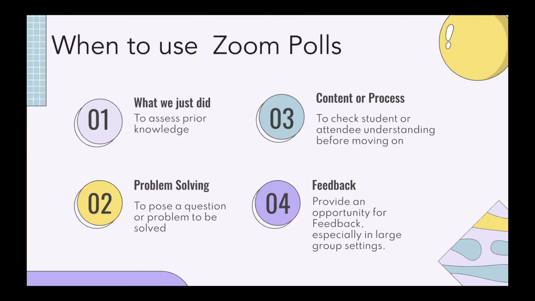On the back end, if it's something that you need to know, there are ways for you to change whether you want your poll to be anonymous or not. But in our big classes or our departmental PLC school meetings, there is a way to engage the room, and you can feel like these big numbers are able to connect across the room and be a part of what is being shared. So these are different reasons or different ways when to use Zoom polls.